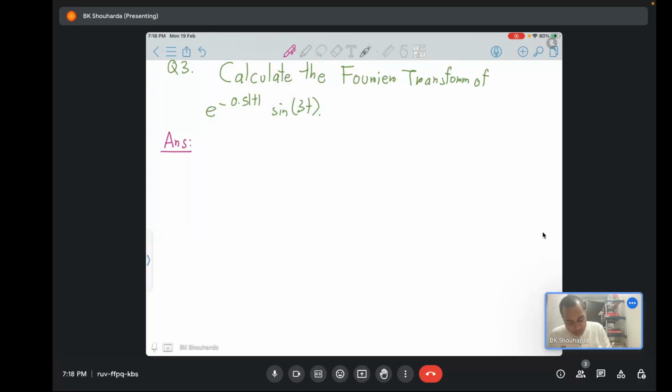If you remember, we had the signal e^(-a|t|), which actually looked something like this. Now if I take its Fourier transform, what was the Fourier transform?